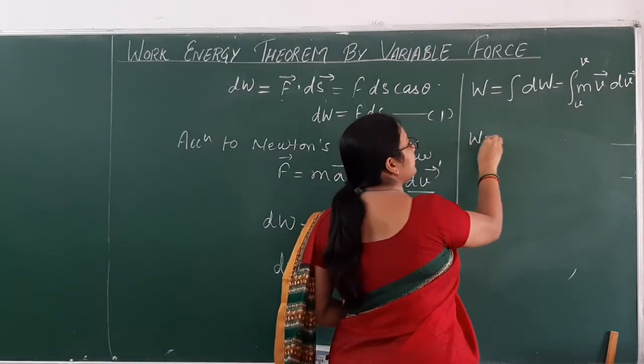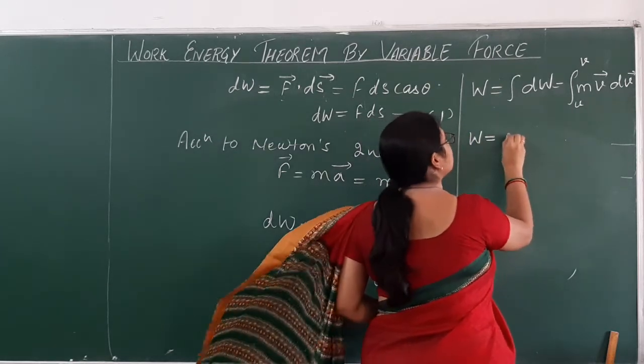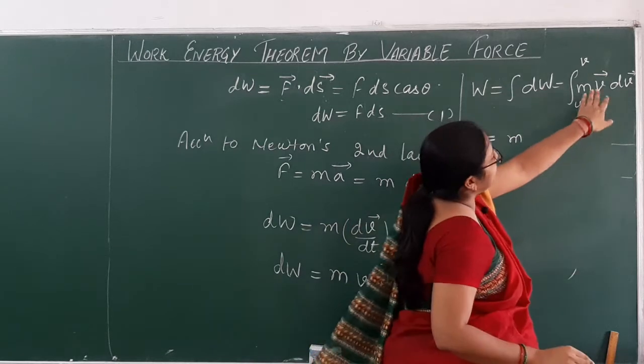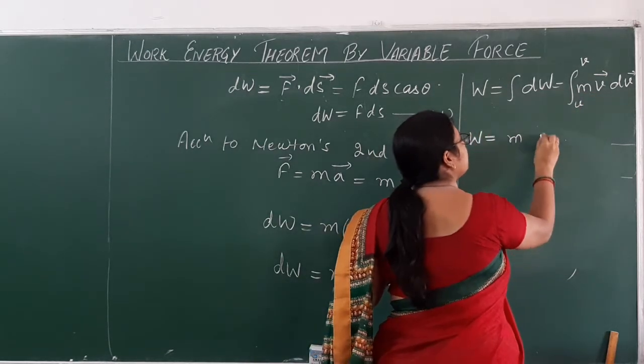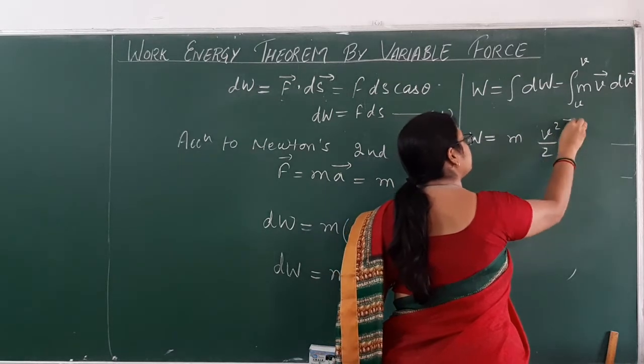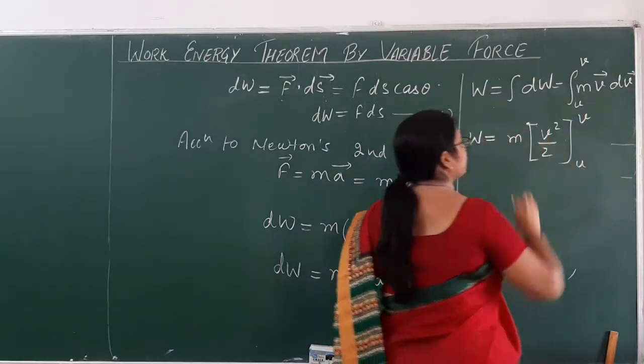So W is equal to, we know that m is constant here, and the integration of velocity v is v square by 2, from u to v.